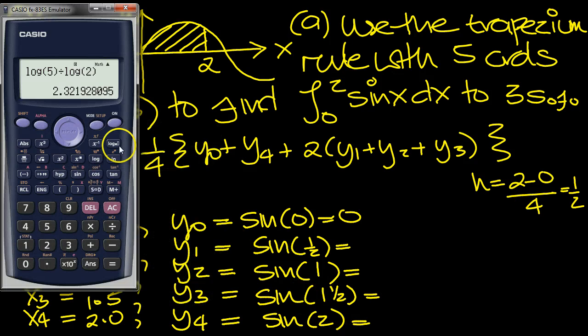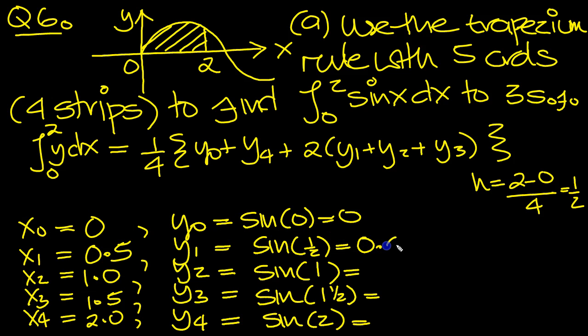So sine of 0.5, provided we're in radians mode, let's go to radians mode then, shift mode, radians is 4. So we'll do sine of a half, so sine of 0.5 equals 0.47942, dot, dot, dot.